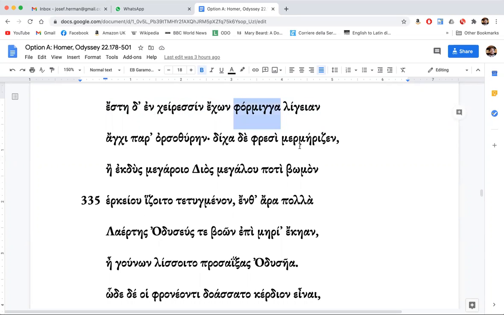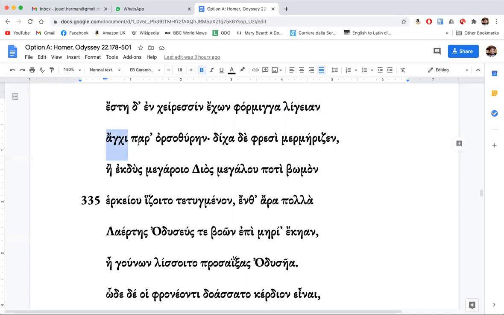Now phorminx is a noun meaning a lyre, which is a type of musical instrument, L-Y-R-E. And the adjective ligeian means something like clear toned, you know, clear sounding. So holding in his hands the clear-toned lyre, because he's a singer, right? And he stood anchi par orsothuren, right?